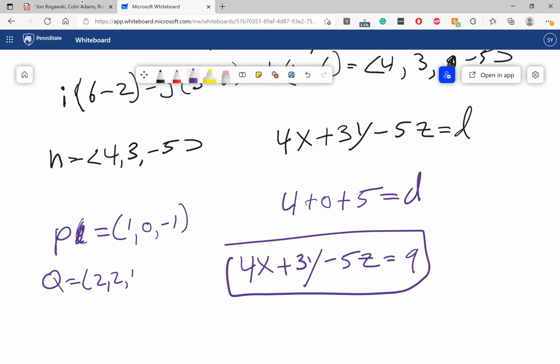Plug it in. So 8 plus 6 minus 5. Yeah, that's 9, right? Yeah. What about the point R?